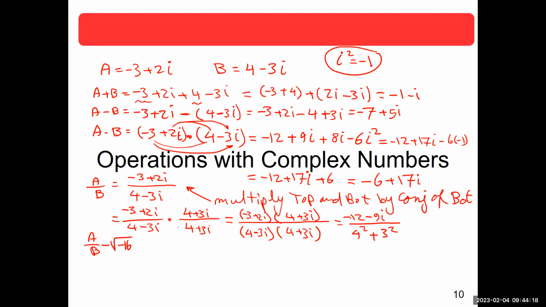Then 2i multiplied by 4, we get plus 8i. Then 2i multiplied by 3i, we get positive 6i squared. Okay, positive 6i squared. Let's keep going.